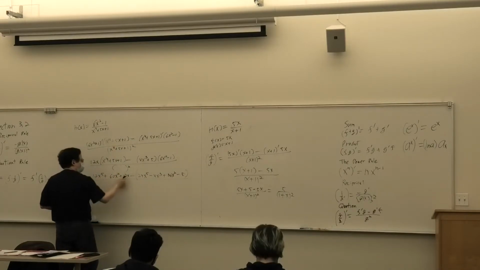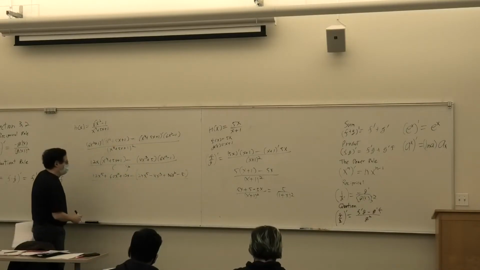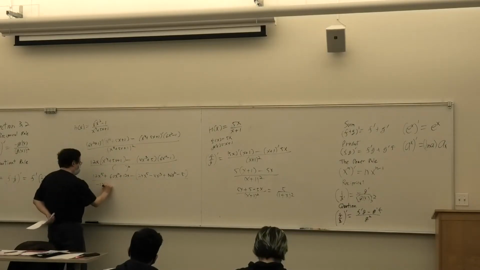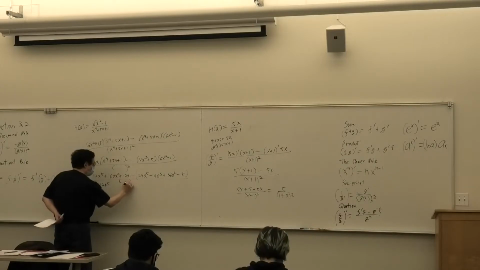You gotta watch where the minus sign is. Okay, so 12 minus 24 is minus 12x to the 5th. I left that out.